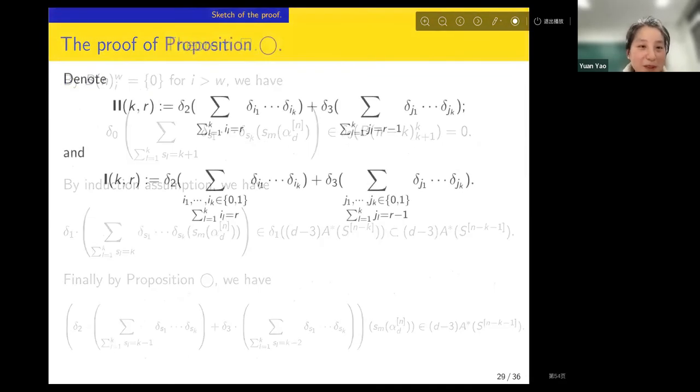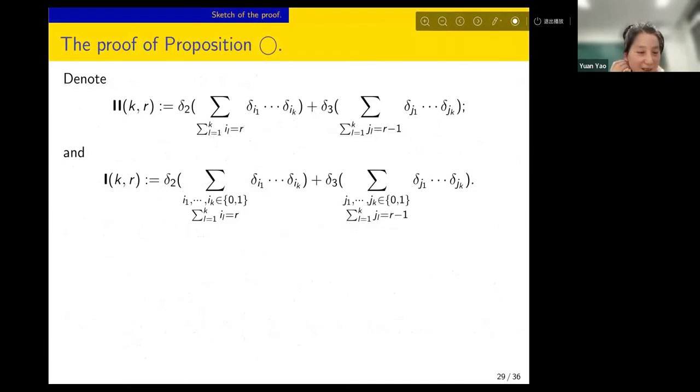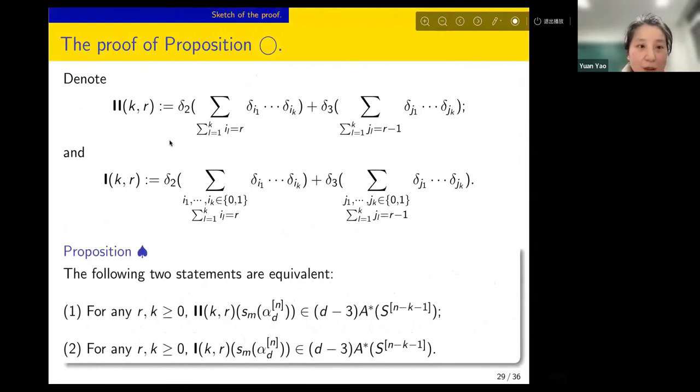Now we have to prove this proposition. So we need more. Double I is exactly the proposition, the determining proposition. But we have the single I, which is a bit different. The difference is that here we allowed the delta to be delta 2 and delta 3, and here we only allowed it to be delta 0 and delta 1.